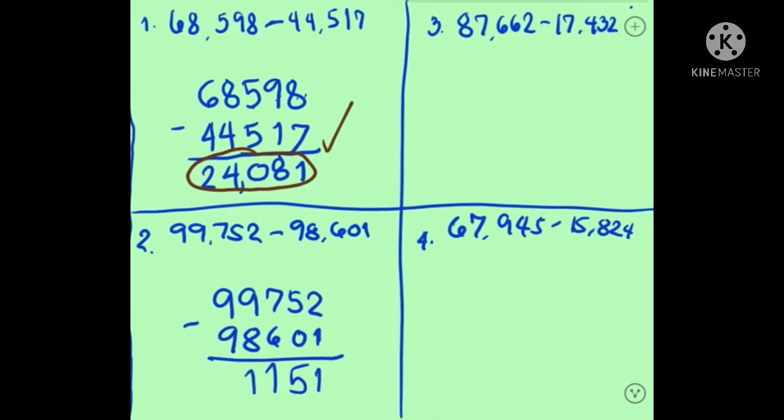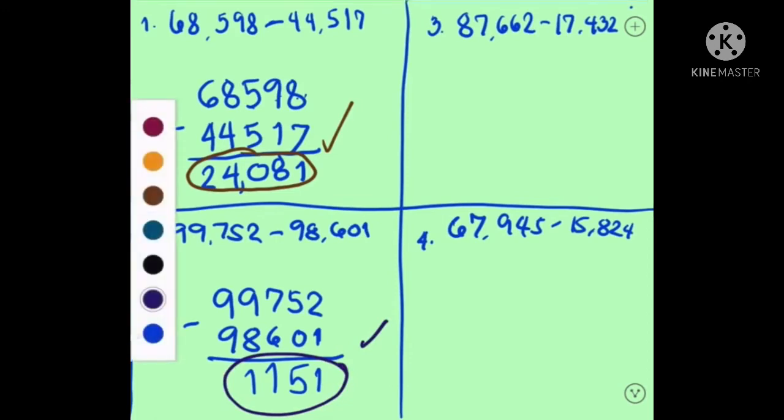If they're the same, the answer is always 0. So what will be our final answer? Our final answer is 1,151. Okay.